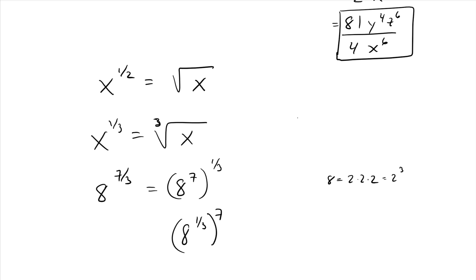So the cubic root of 8, which is what a to the 1/3 is, that's actually 2. So this is actually easy to do. So I should use this one, because a to the 1/3 is 2, and essentially that's 2 to the 7. So I've sort of simplified that a to the 7/3, okay.